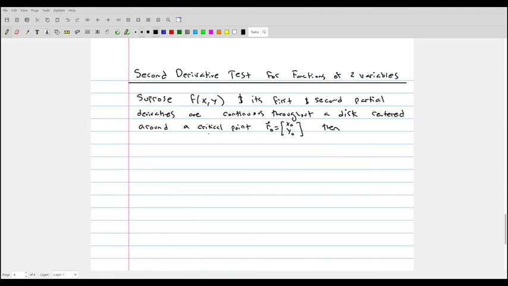This is specifically a critical point of type 1, where the gradient of the function at the point is the zero vector. And we have the following four results.